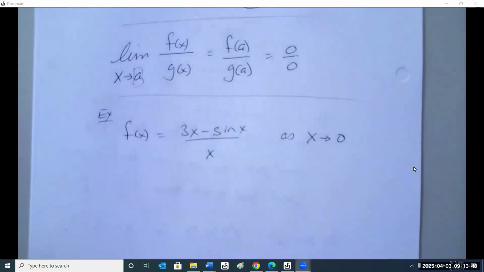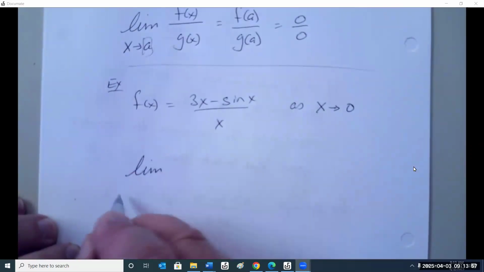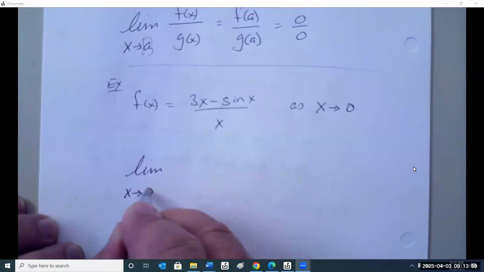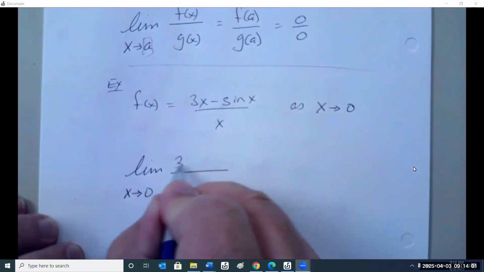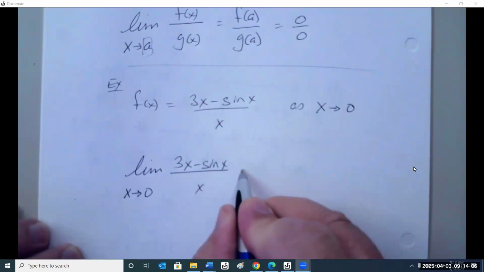As x gets closer to 0, what happens? So if we look at this, the limit as x gets closer to 0 of 3x minus sine x over x.